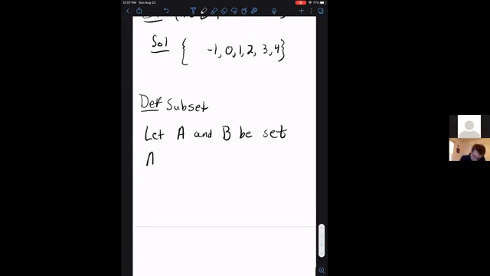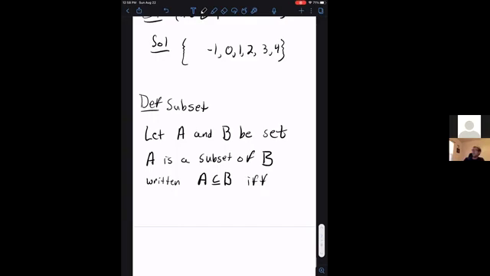We say A is a subset of B, and we write it this way: A, with a symbol that looks like less than or equal to, but it's kind of like a C instead.